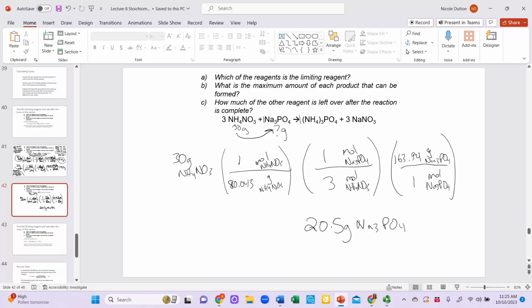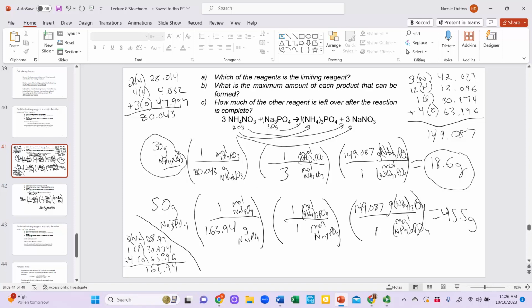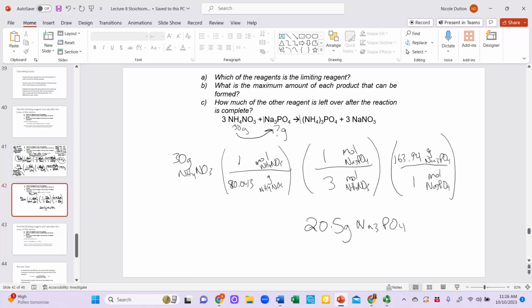In the original problem, though, it said that we started with 30 grams of that guy and 50 grams of this guy. So if this is the total amount that we can produce with this reactant, but we started with 50 grams, how much left over will we have?